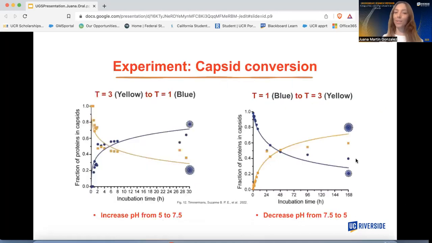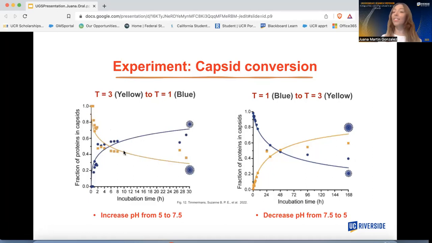And these were the results from the experiment. In this diagram, we see how a T=3 capsid is disassembled into proteins free in solution, in yellow, and a T=1 is formed as the pH goes from 5 to 7.5. The data collected is the squares and the dots, and the solid lines are classical nucleation theory.